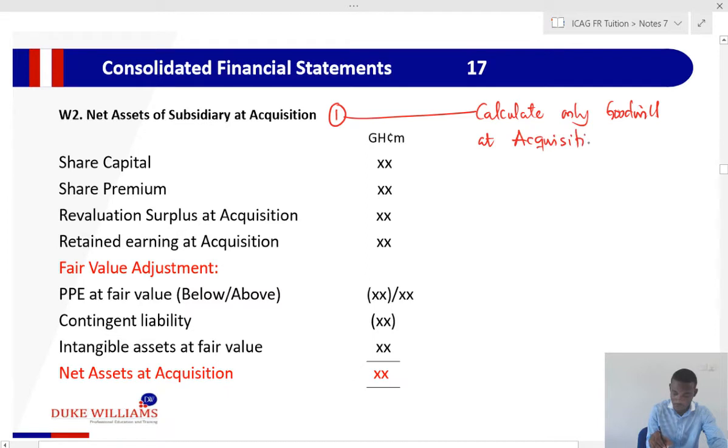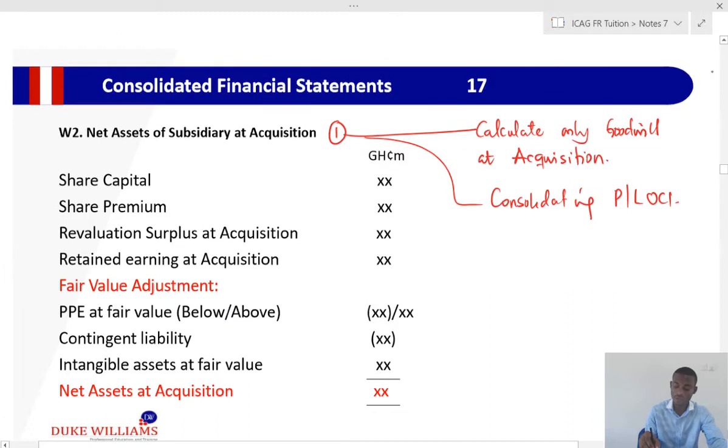And in most cases, when we are asked to calculate only goodwill at acquisition, it means that you will be consolidating profit or loss and OCI, not the financial position.